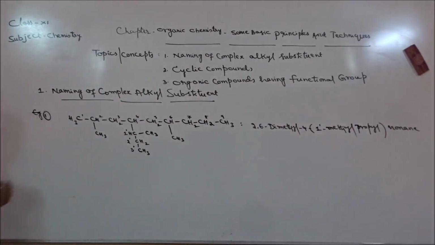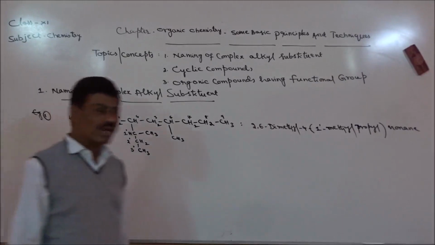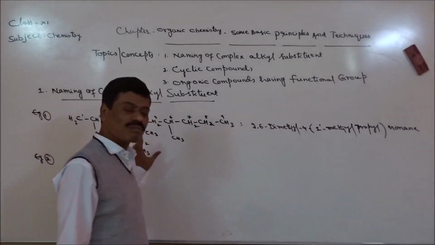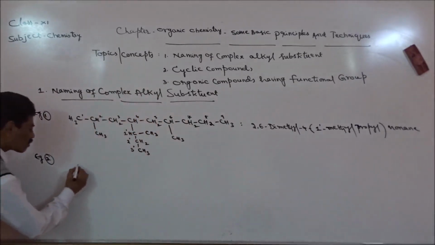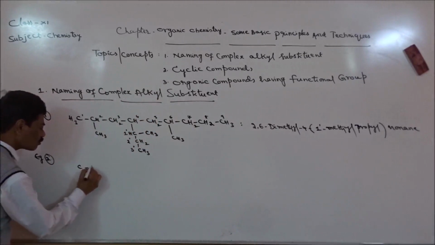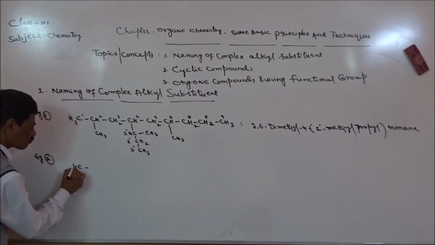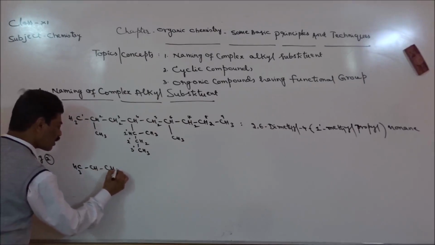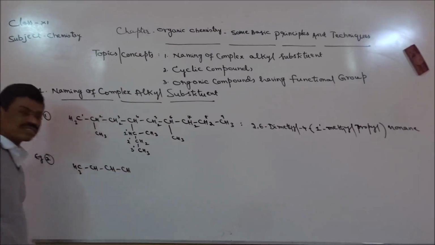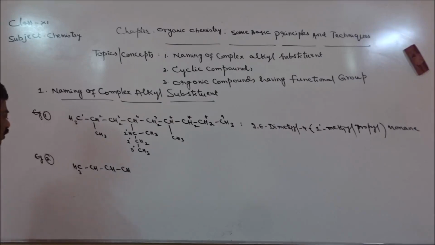Now let us see example 2. Children, you might have understood what is meant by a complex alkyl group. Right. Now let us see the other example wherein we have a long chain possessing any number of carbon atoms, so I can put any number.